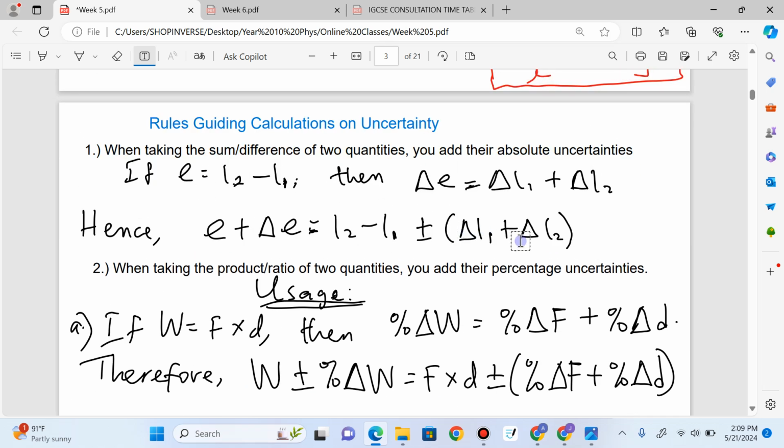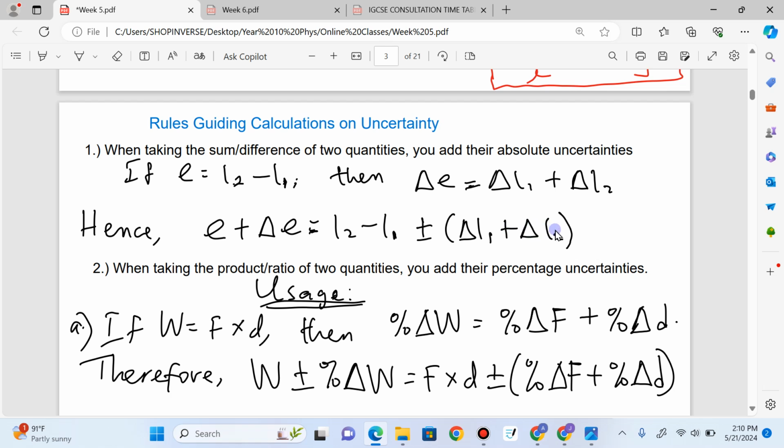But when you are dealing with multiplication, the product of two numbers, you don't add the absolute uncertainty. You add the percentage uncertainty. This symbol means percentage, okay? Percentage uncertainty of F plus percentage uncertainty in D. While if you are dealing with addition or subtraction, you just do uncertainty in L1 plus uncertainty in L2. Okay, I'll come again.